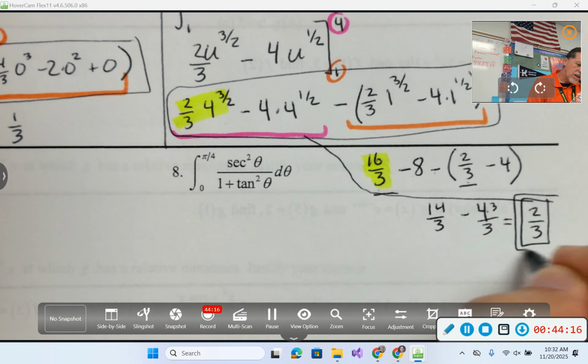Number 8. Secant squared over 1 plus tangent squared. Wait a minute, that was on the test too. Do you remember what 1 plus tangent squared is equal to? That one is equal to secant squared. So originally this one looks terrible because I got secants and tangents and squareds and pluses.